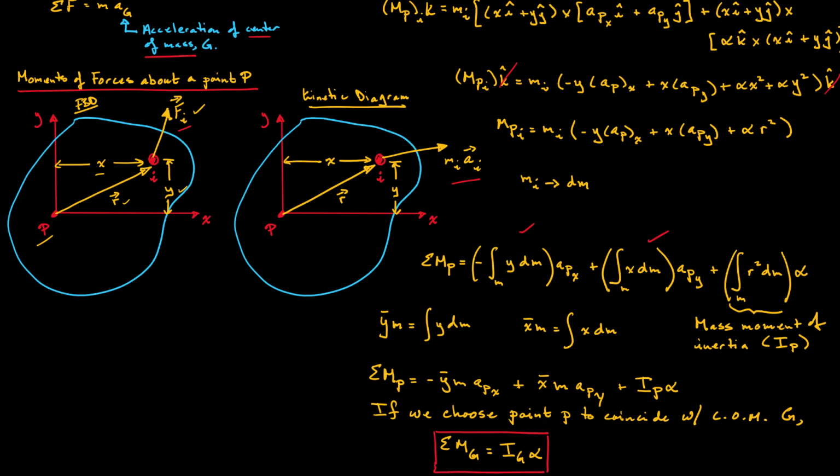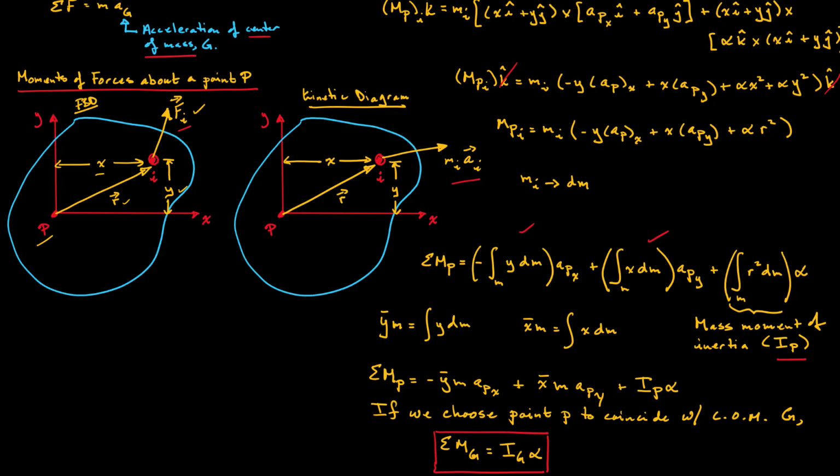So again, the sum of the moments about the center of mass is equal to the mass moment of inertia about the center of mass, multiplied by the angular acceleration alpha. It's really important to point out that the mass moment of inertia up here, IP, is not necessarily equal to the mass moment of inertia about point G. They're only equal if point P is the center of mass.